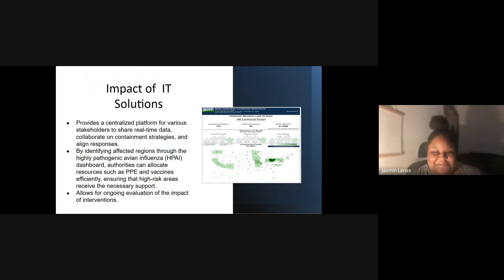The HPAI dashboard depicted here is designed to provide a current snapshot of confirmed highly pathogenic avian influenza detections in the United States over the past 30 days. As of February 21st, 143 new commercial and backyard flocks have been tested and confirmed for the presence of the virus.